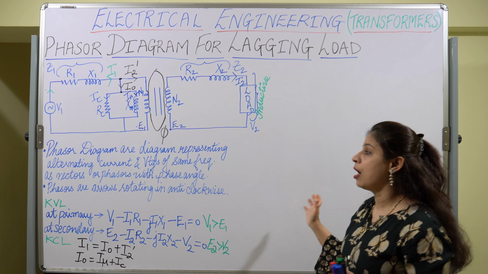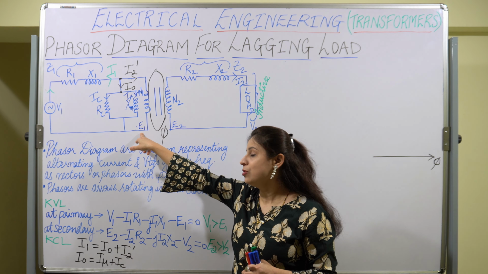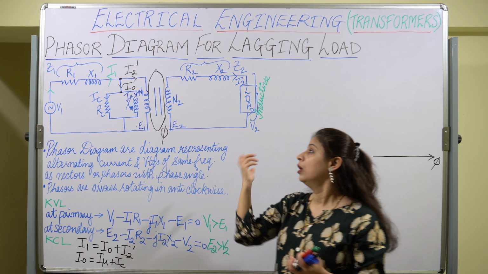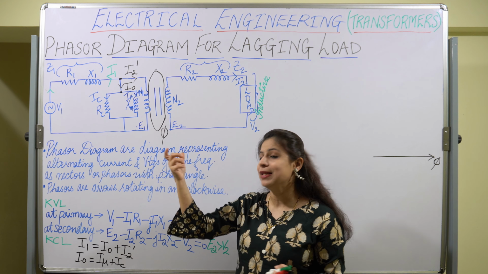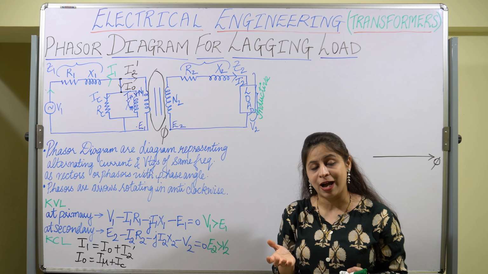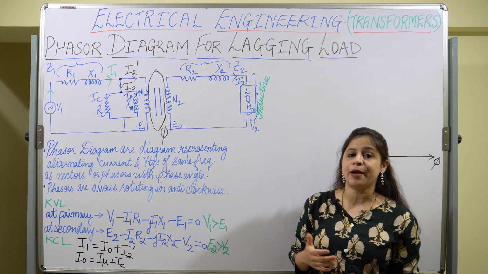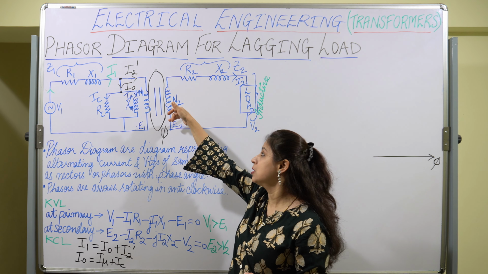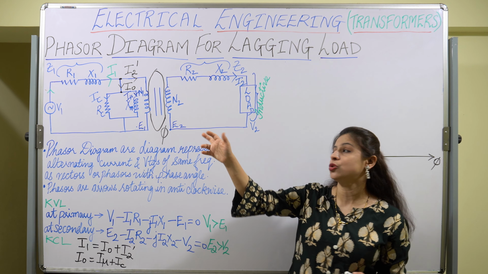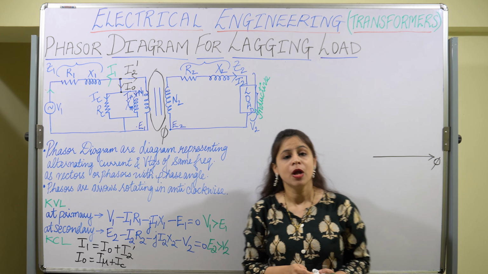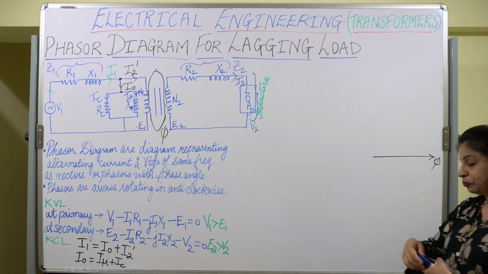Then we will be drawing the induced EMFs E1 and E2. Now the magnitude of E1 and E2 depends on what type of transformer we have taken. Here we have taken the step up transformer. In the step up transformer, the number of turns on the secondary side is greater, so naturally E2 will be greater.